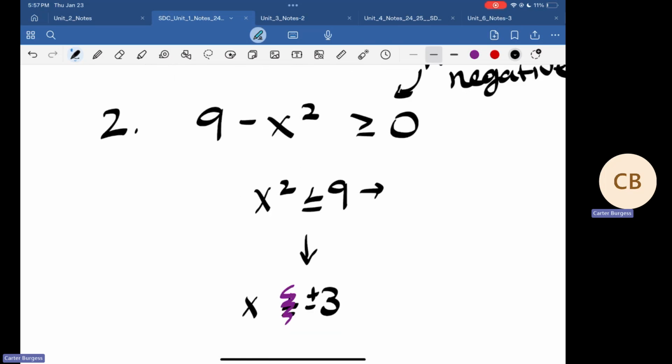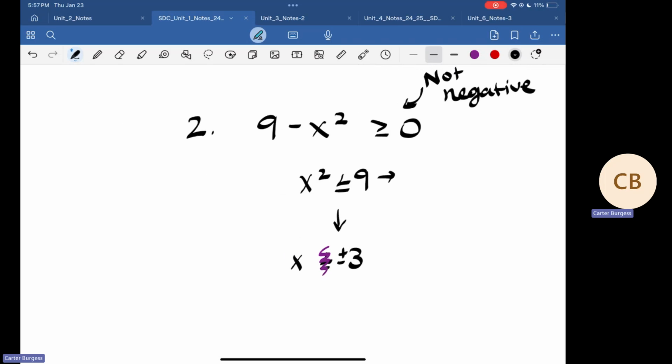In fact, the largest value of x that we can see from the positive direction is going to be 3. And the smallest value of x, or maybe the largest negative value of x that we can see, while still maintaining this statement to be true, would be -3.